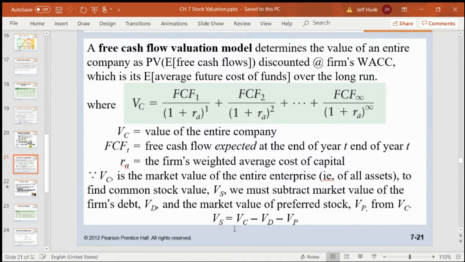But we understand the total assets consist of equity and debt. And equity breaks down into common stock and preferred stock. So the idea is the value of the company is the sum of the value of the common stock, value of the preferred stock, and value of the debt.